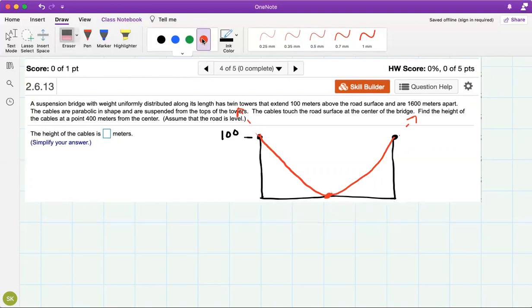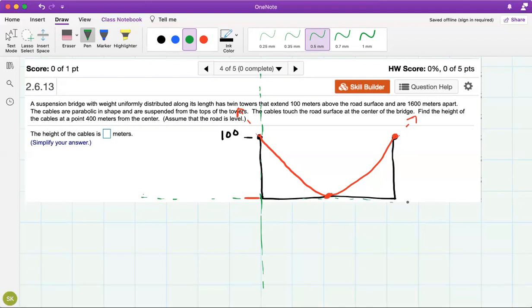first off, you can find the vertex here. The vertex, if this is the road, we're going to assume that the distance from the ground is 0 here. And this is 1,600. So this tower right here, if we were to put this on XY axis, so let me maybe draw the XY plane here.